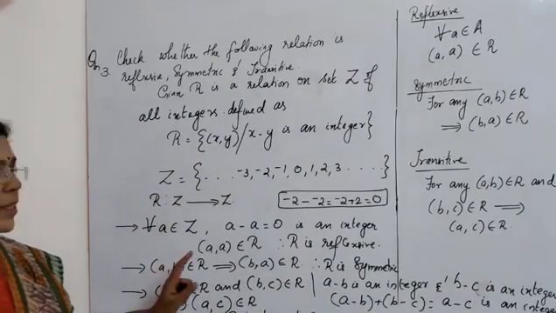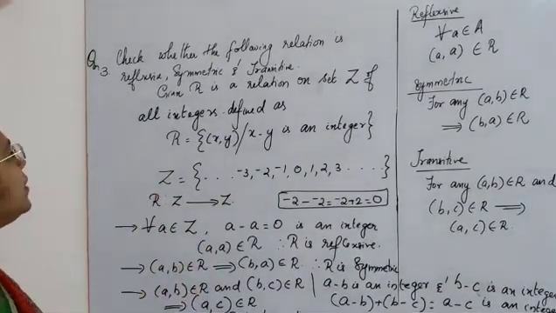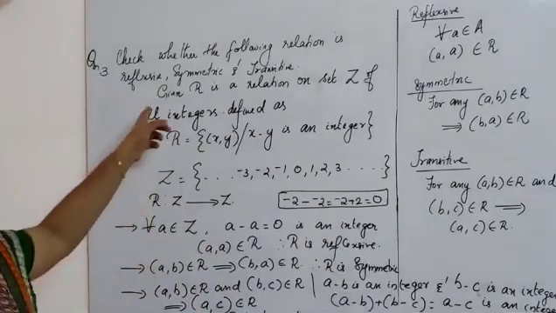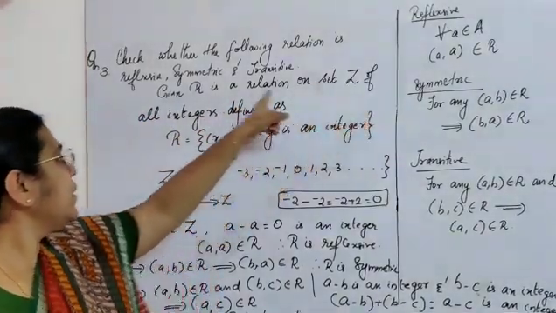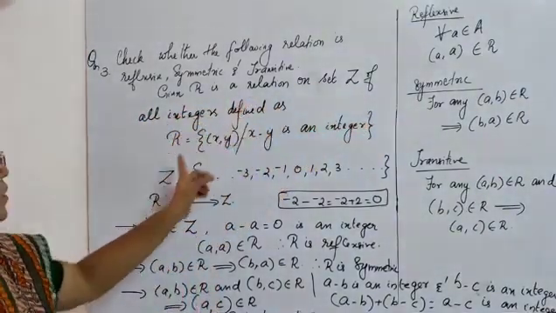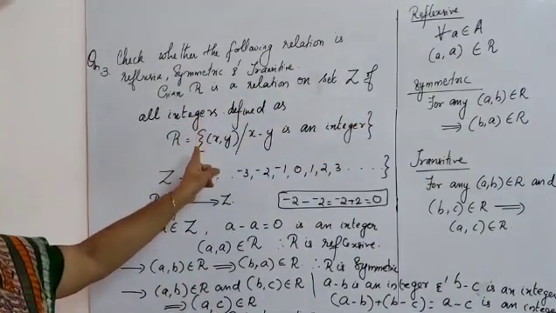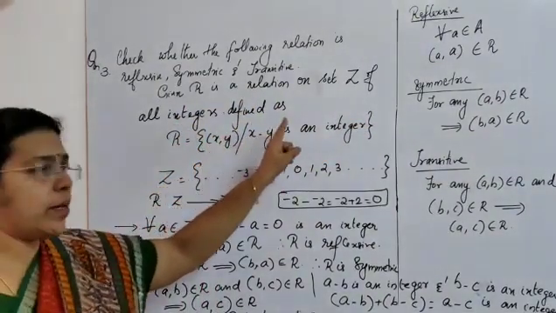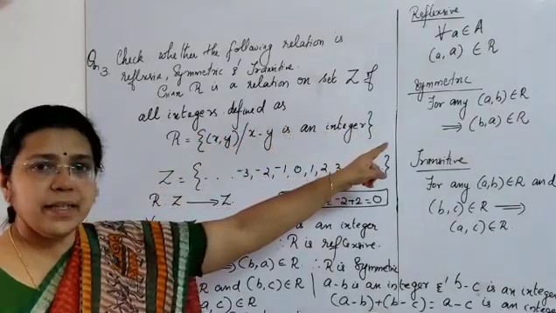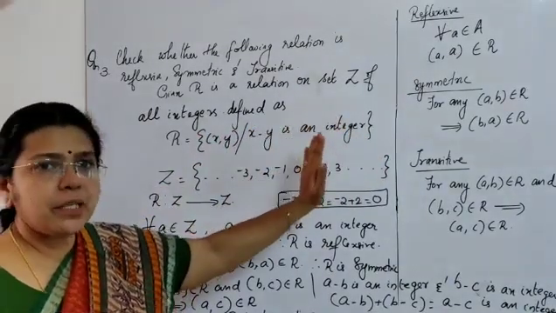You want me to explain once again? Check it. It is given that R is a relation on set Z. Z is the set of integers. The relation is defined as the ordered pair (x, y) such that x minus y is an integer. That's all.